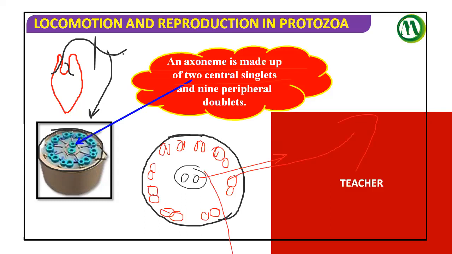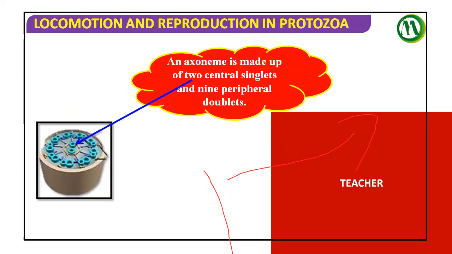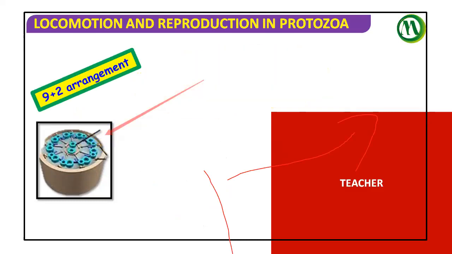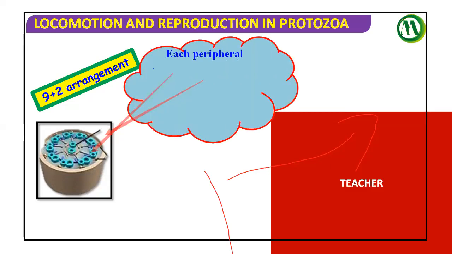Let me complete this. Again, they are showing here nine peripheral microtubular doublets and two central singlets, which we call the 9 plus 2 arrangement.